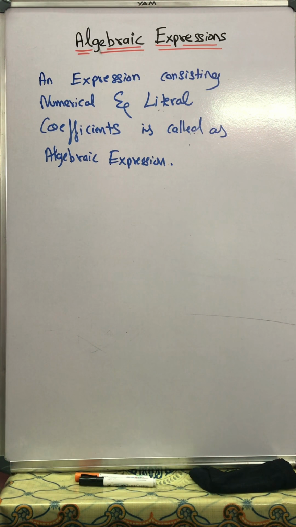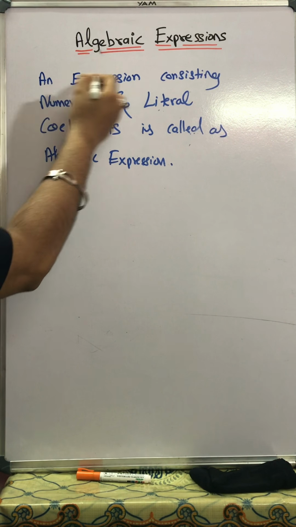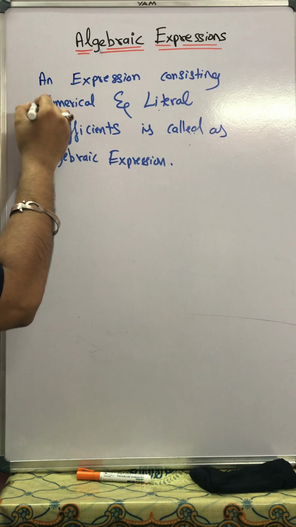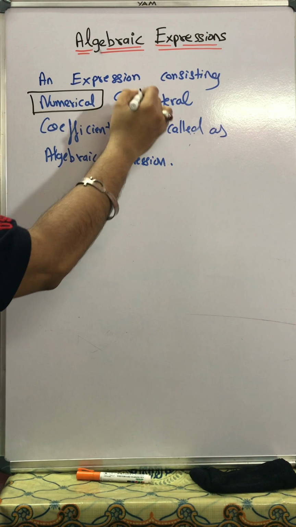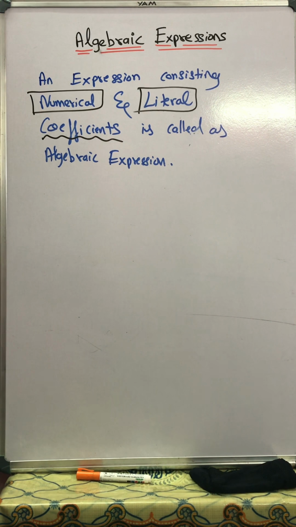Yes. Eyes on the board, all of you, eyes on the board. I have written a definition. An expression consisting of numerical and literal coefficients is called an algebraic expression.